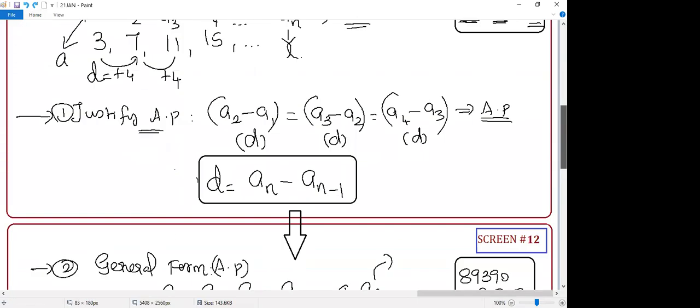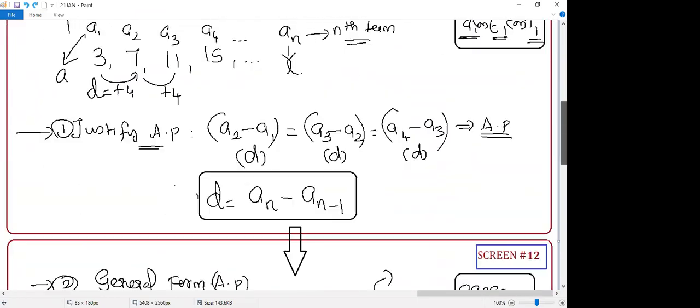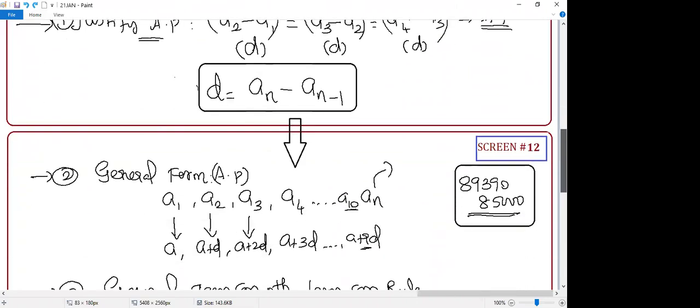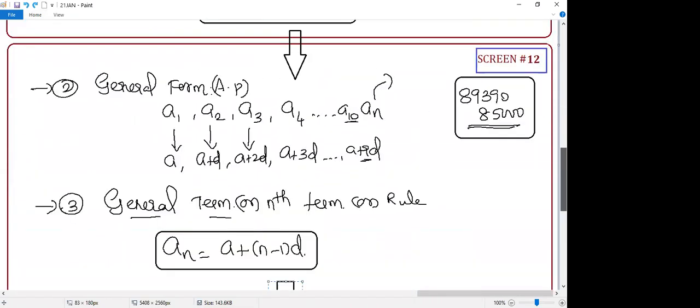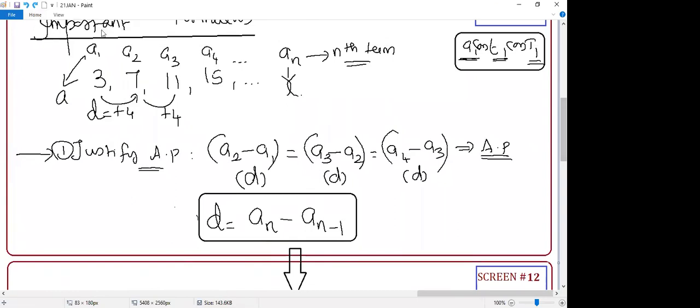Guys, I'm continuing with the further formulas on this page so that you can scroll down and scroll up easily. So first formula, second formula, third formula. Guys, what is pending? No one is asking. We understand what is A, what is A1, A2, A3, and we understand what is D. What is N? An we understand, the nth term. What is N?